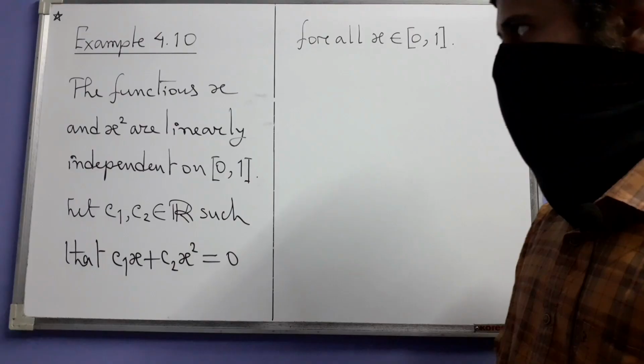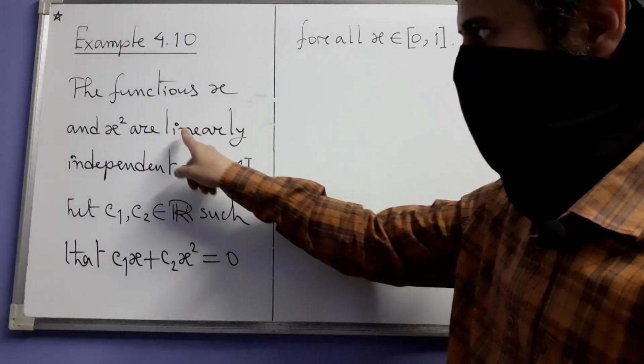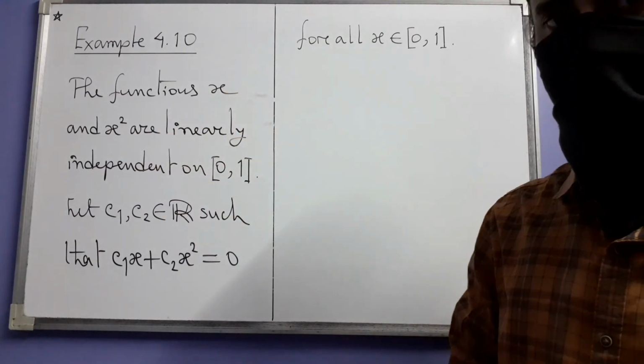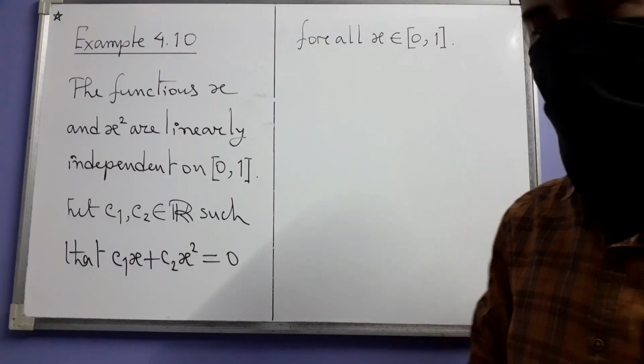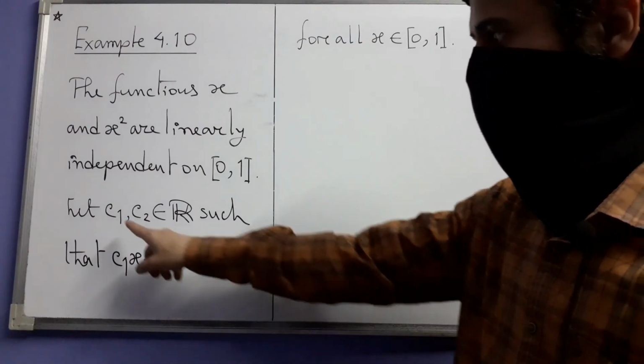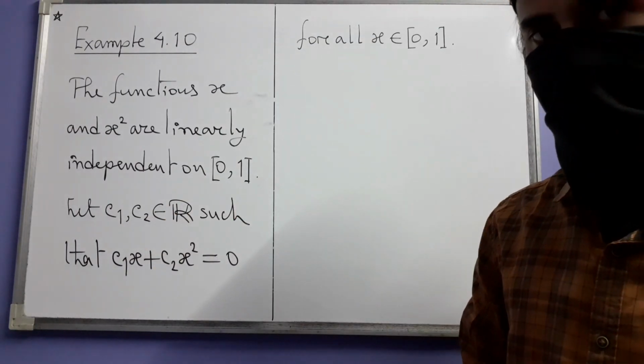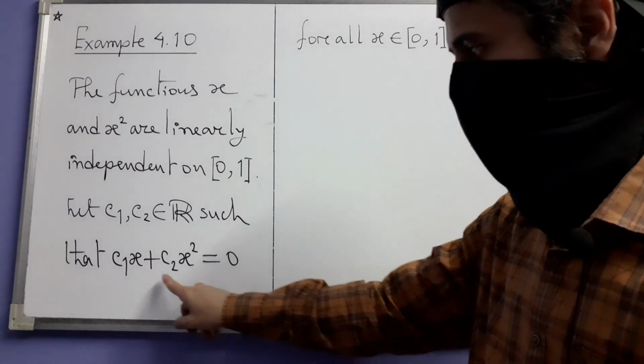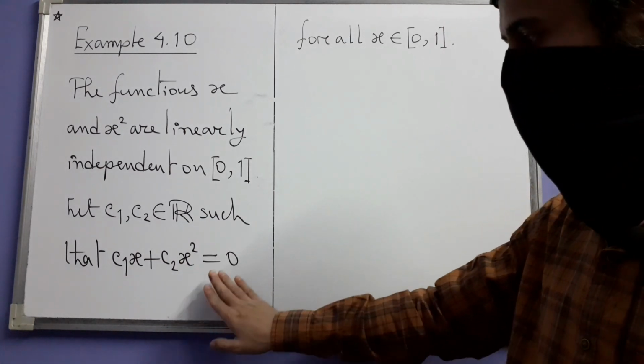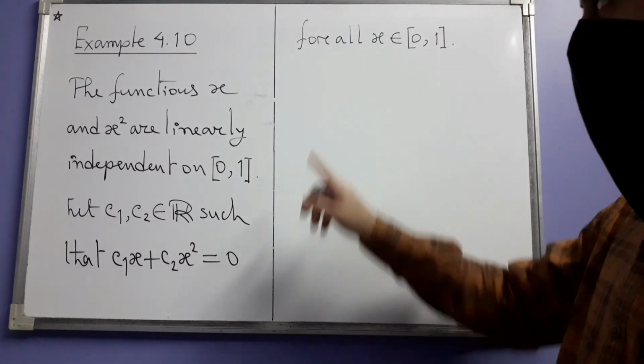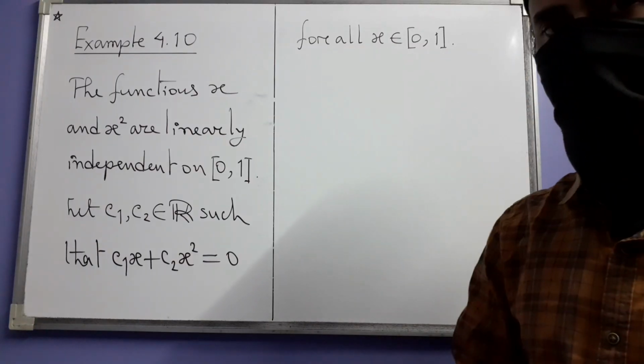For example, the functions x and x squared are linearly independent on the closed unit interval 0, 1. To see why, we take any two real numbers c1 and c2 and form the linear combination. And suppose we assume that this is equal to 0 for all x in 0, 1.